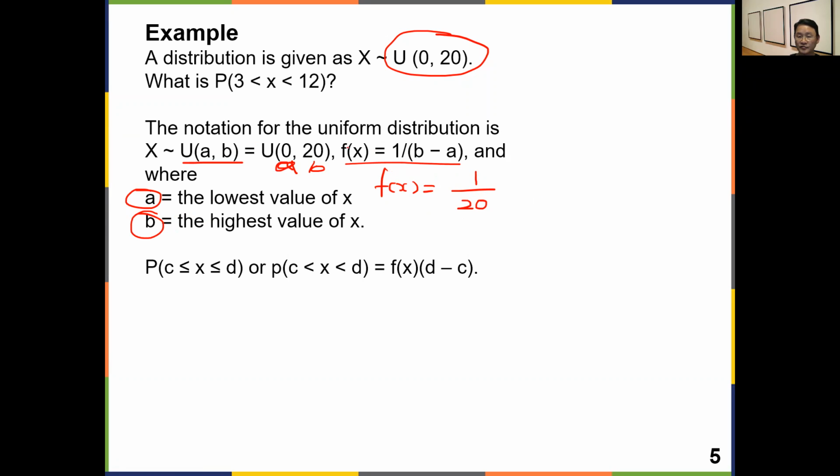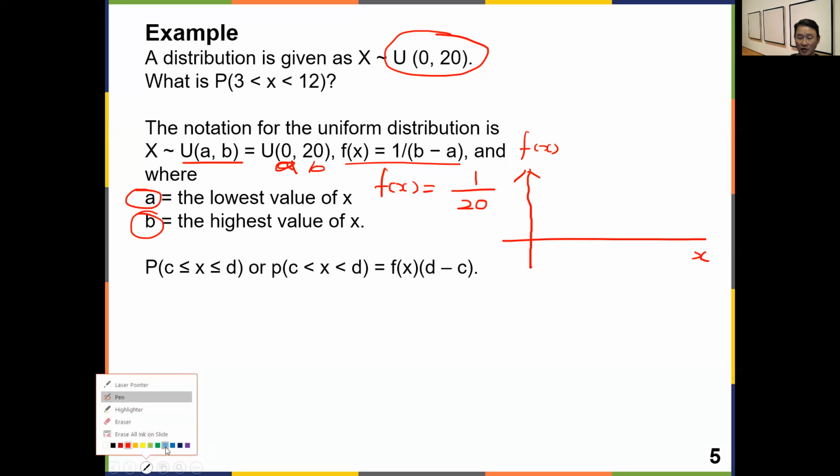Now, if I graph this situation, it'll probably look like this. Let me actually draw a straight line down. Let's say this is f of x, this is x. Now we are considering numbers between 0 and 20.